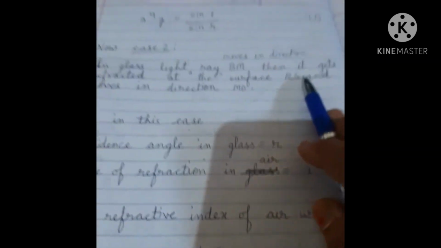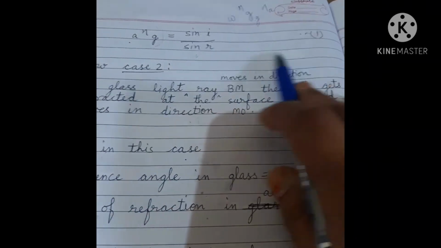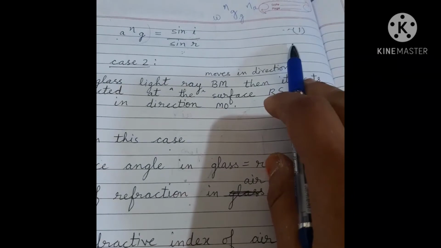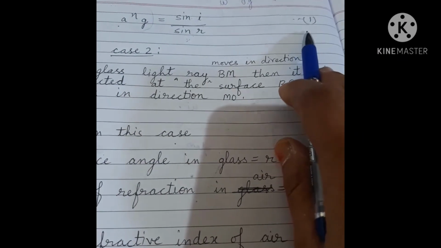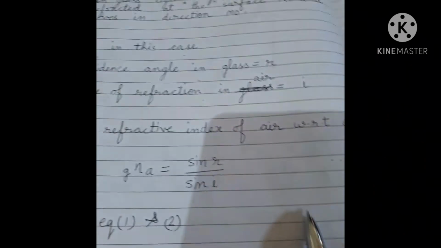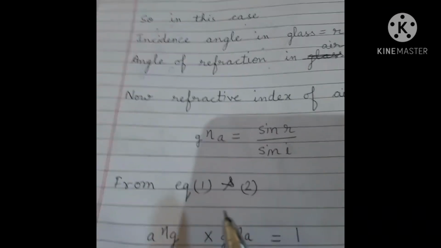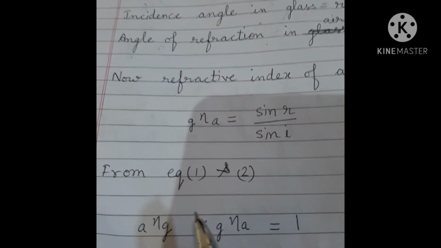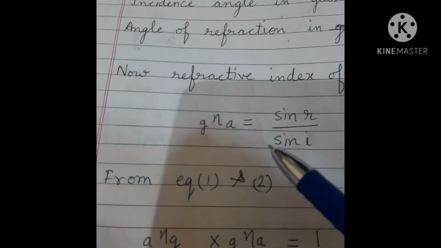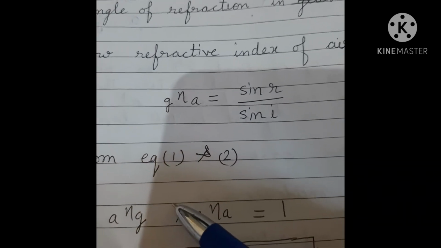Now, whenever you get some equation, you have to number it. So this is equation number 1 and this is equation number 2. From equations 1 and 2, you have to multiply the LHS and multiply the RHS.